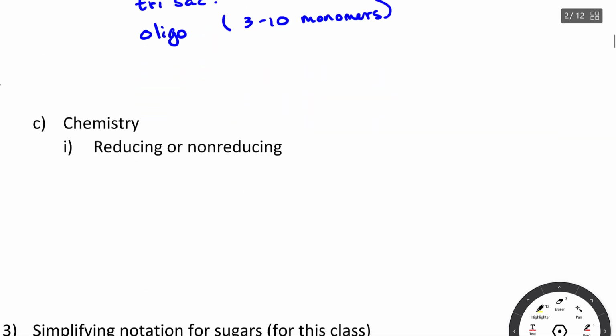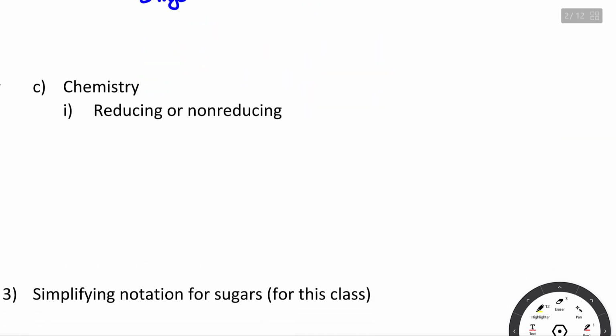Another way we classify them is as reducing or non-reducing. And so what this means is a reducing sugar typically reduces a metal like silver or copper into its metallic form.